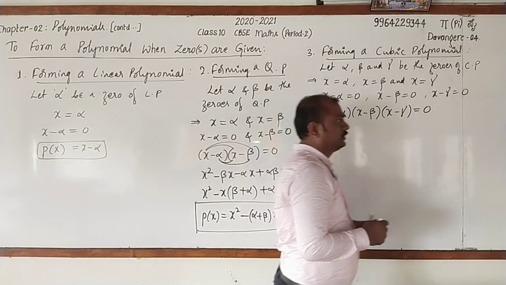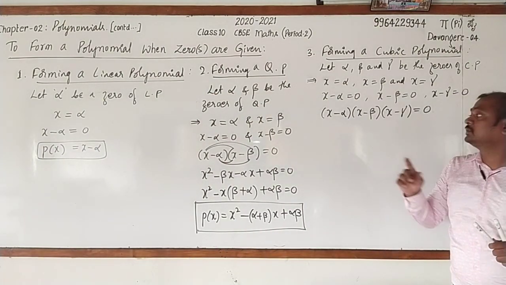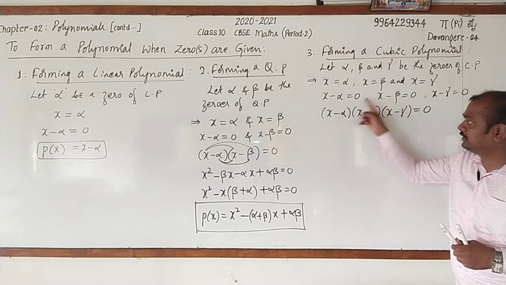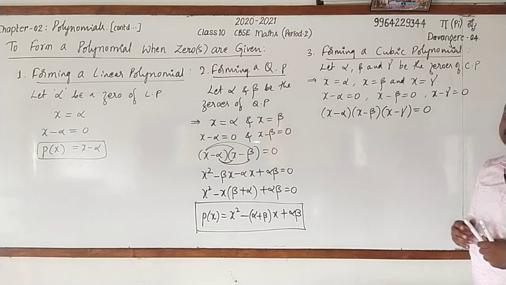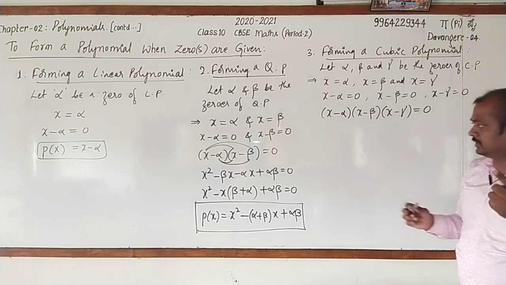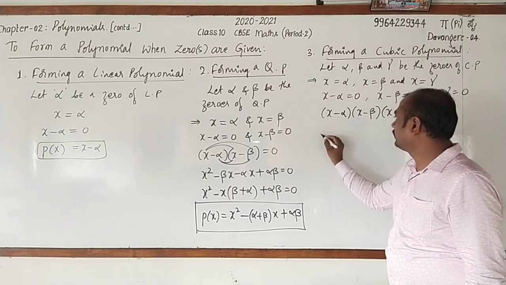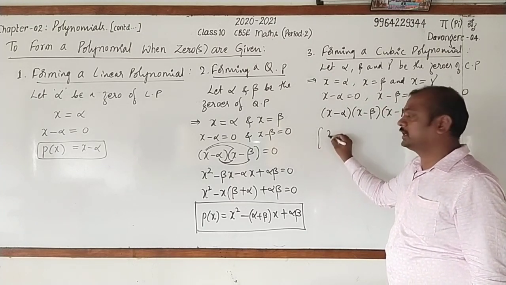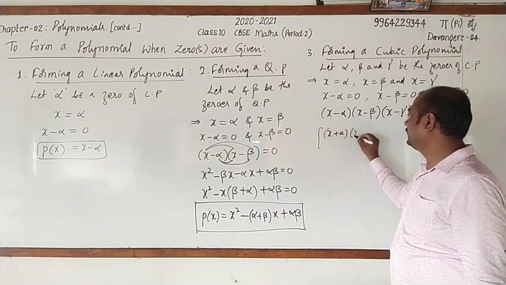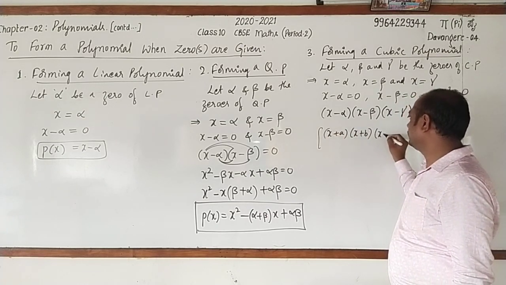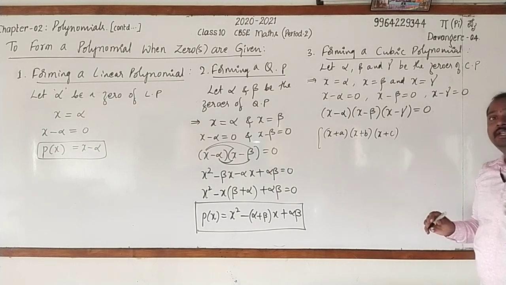Dear students, you all know that this is in the form of an identity. The LHS part is in the form of an identity. Can you tell what is that? Yes, you are right. Here I will write x plus a into x plus b into x plus c. How do you write this?